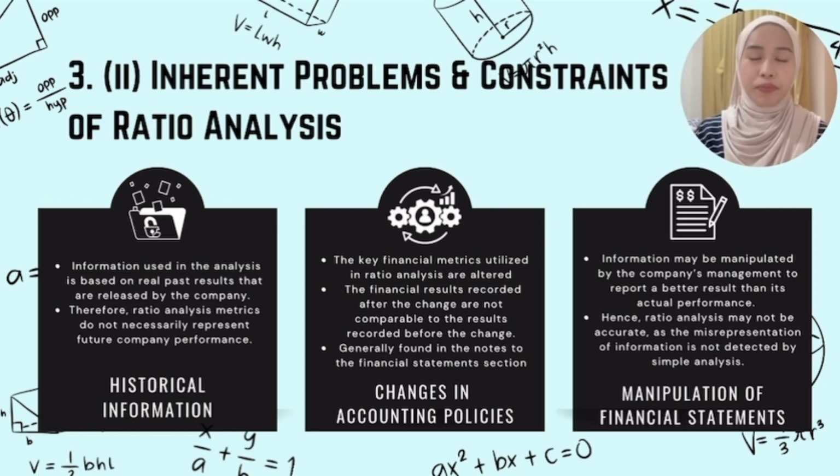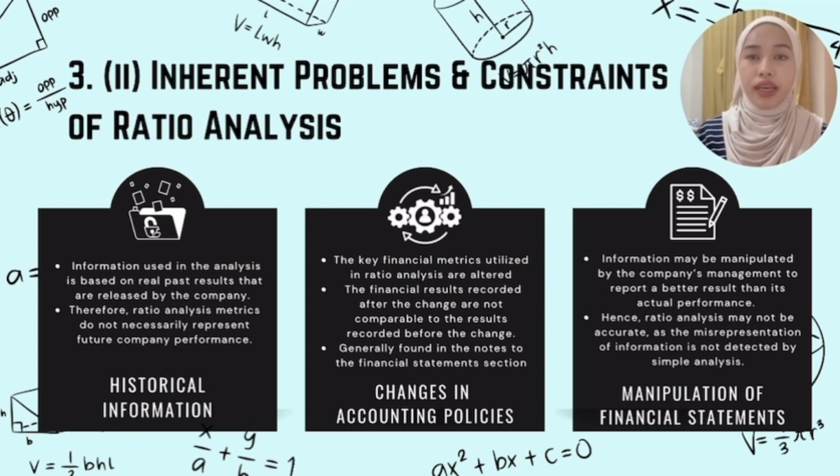Lastly, the manipulation of financial statements of a company. This situation happens to report a better result than its actual performance. Hence, ratio analysis may not accurately reflect the true nature of the business, as the misrepresentation of information is not detected by simple analysis.